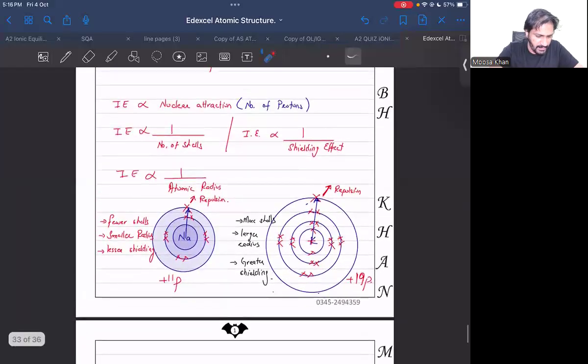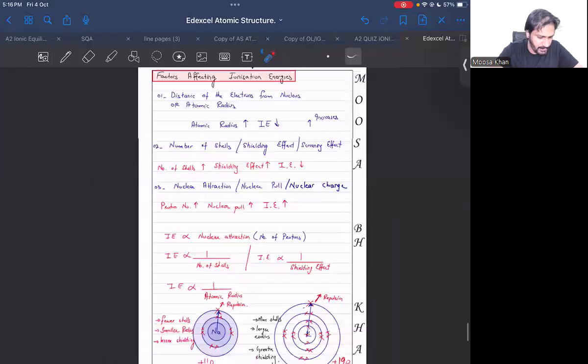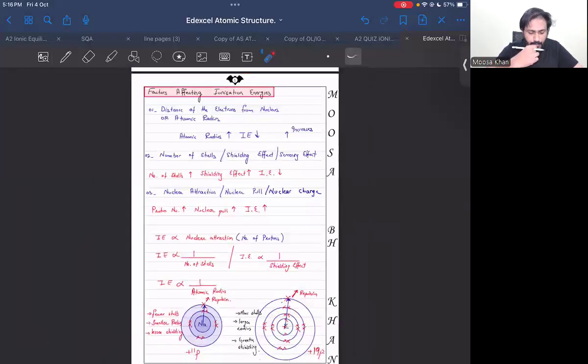Do you want me to stop over here if you want to copy it? Otherwise, if you're going to copy it later, we can continue with the lecture. Do you want to copy? Did you get these class notes? Did I send them to you on the group? Did I send these notes on your group in the last class?